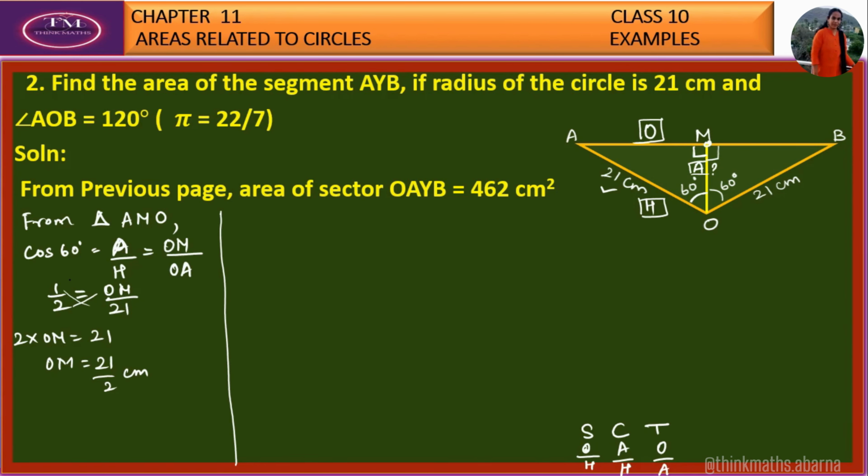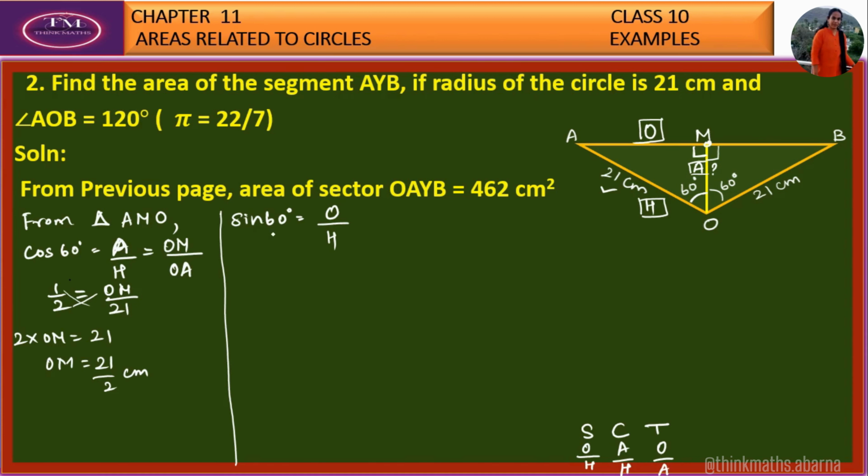So which ratio has opposite and hypotenuse? We can use sine. So sine 60 degree equals opposite by hypotenuse. You can use tan also because we found out the adjacent side also. So you can use tan 60 equals O by A. Both will give the same answer.